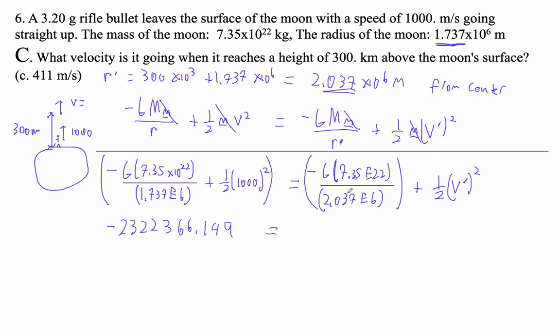Do I have the right thing? All right, I think I got it. This is minus 2406701. Okay, so now I'm going to add that guy, so make it positive.